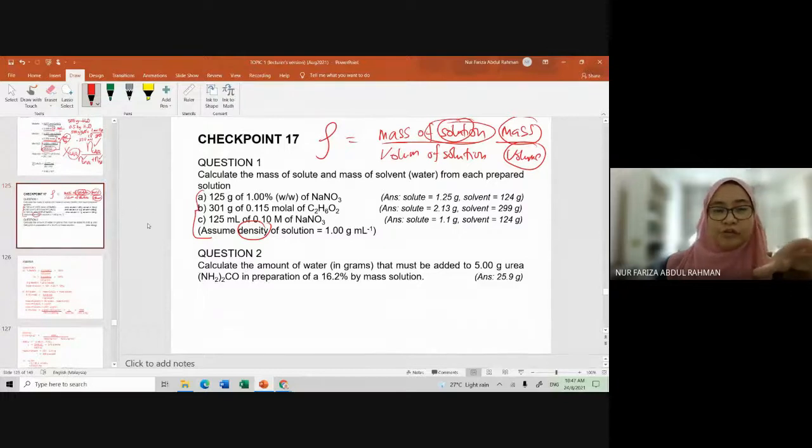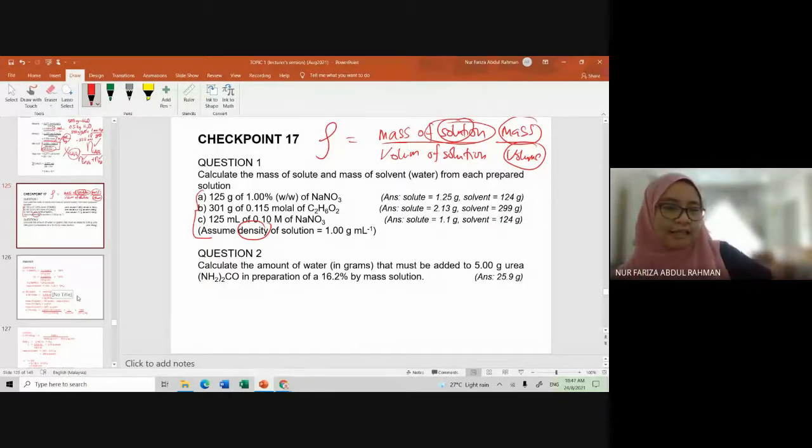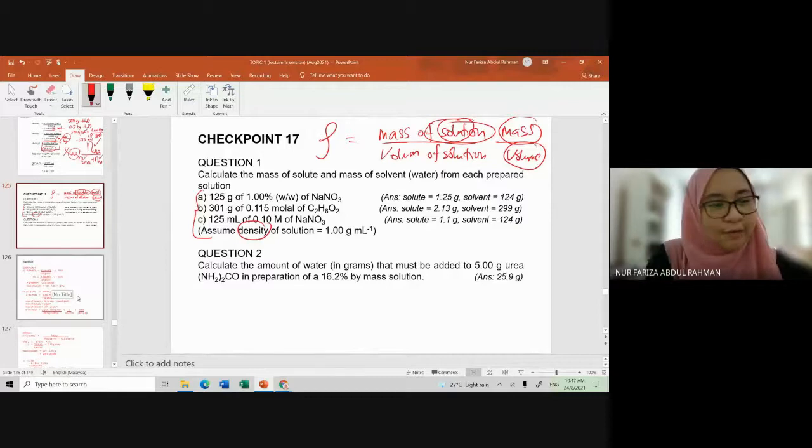Try on your own. You may have the answer, but you have to try it on your own. Try A. Try to answer question A. Can you do it? You are now ready for your midterm test because you have completed all the subtopics. It means you can sit for your test.